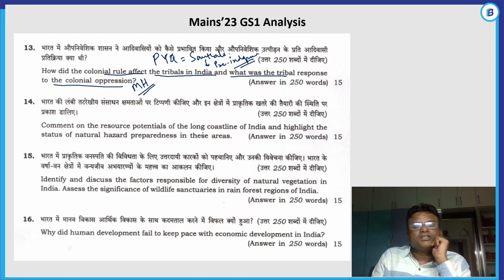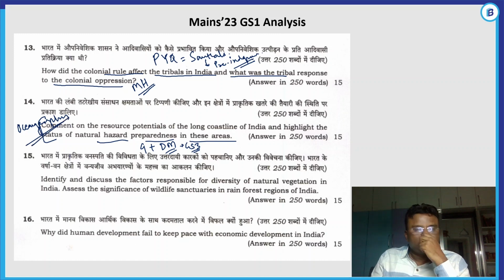Comment on the resource potentials of the long coastline of India and highlight the status of natural hazard preparedness in these areas. Geography plus disaster management, which is basically from GS3. So think of it, even this part I have brought out as an important topic for this year in my PYQ analysis video.